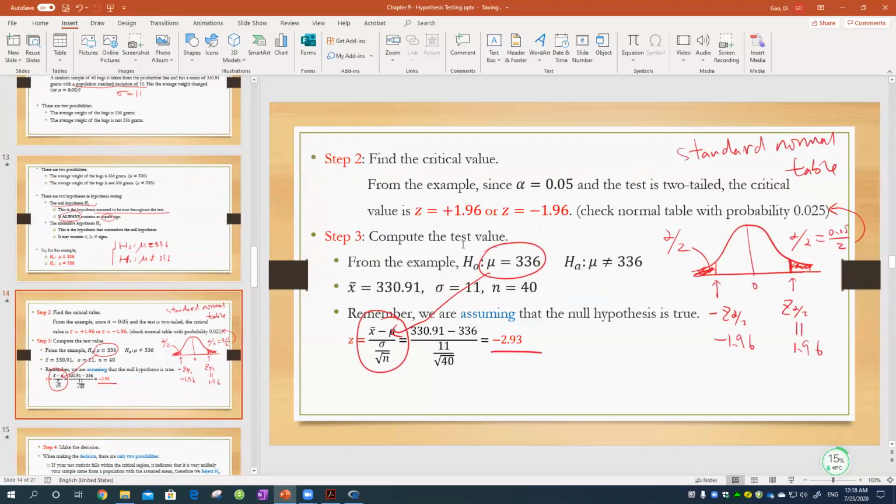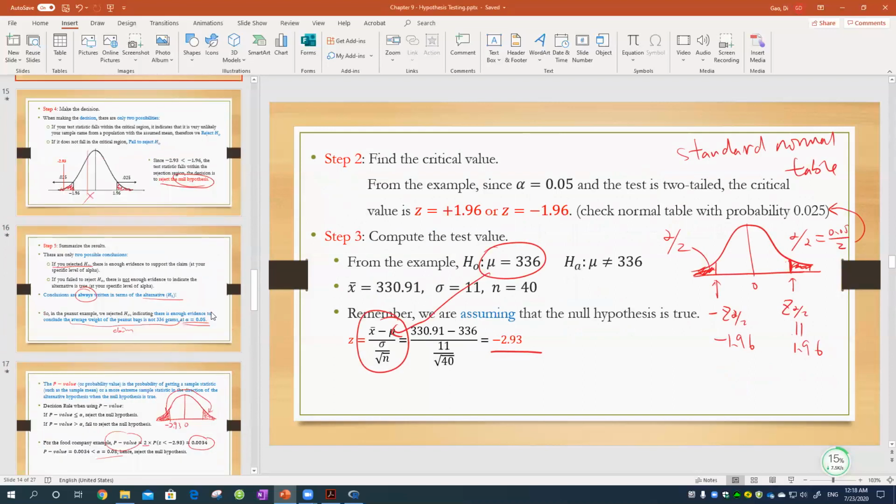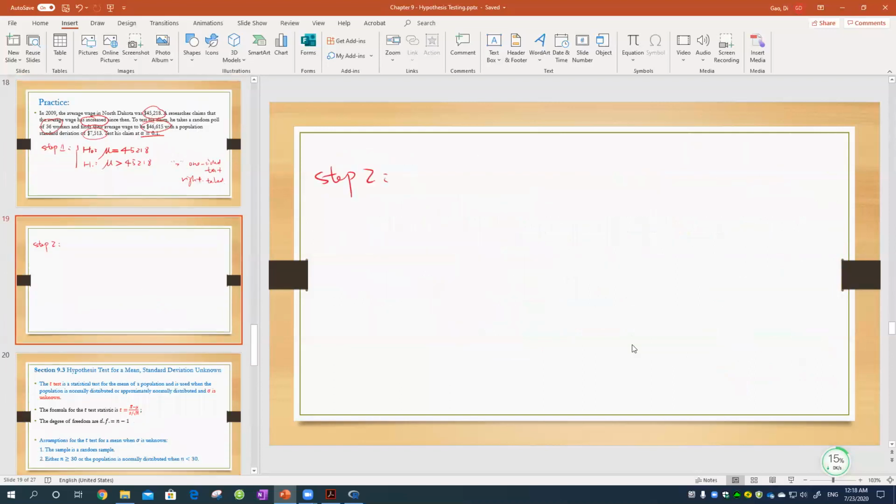Like we did before, we're going to find the critical value. This is based on the alpha and the sign you have for the alternative hypothesis. So we're going to write down our alpha equals 0.1. It's given from the problem, always given. Don't worry about this.